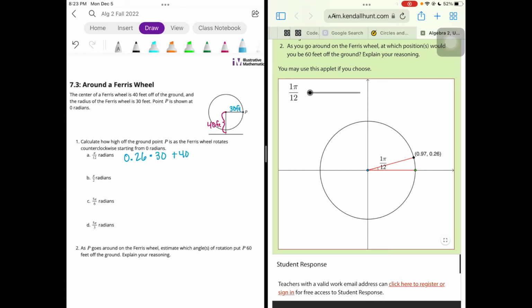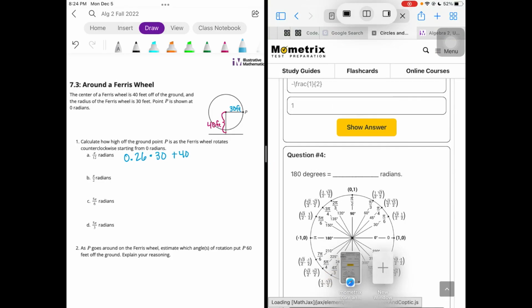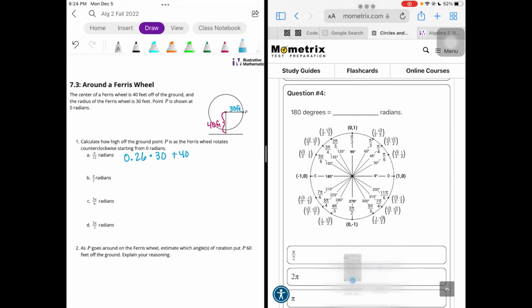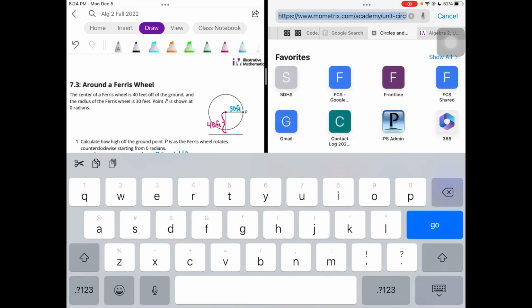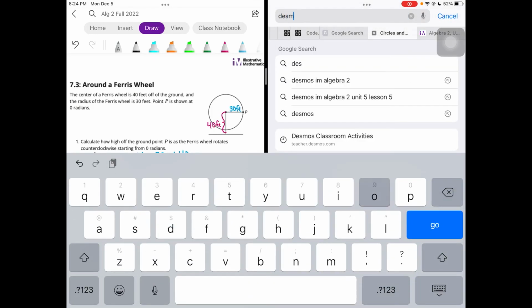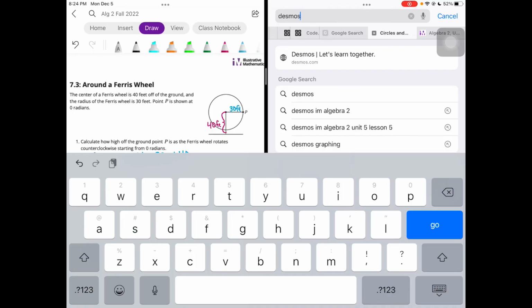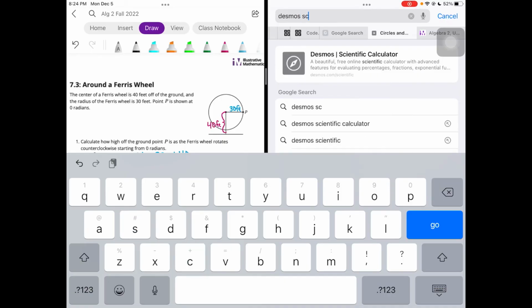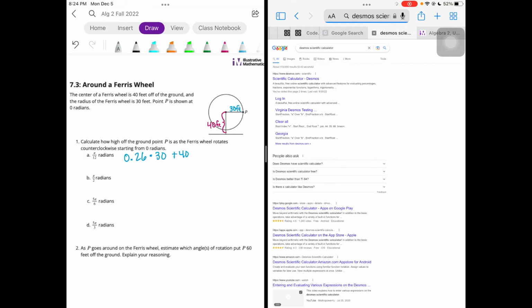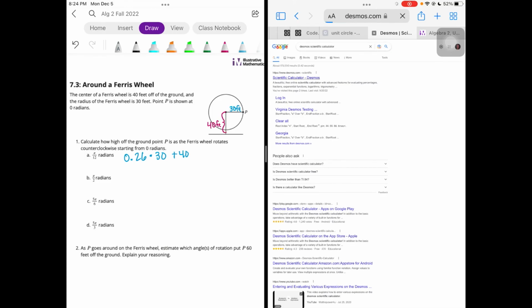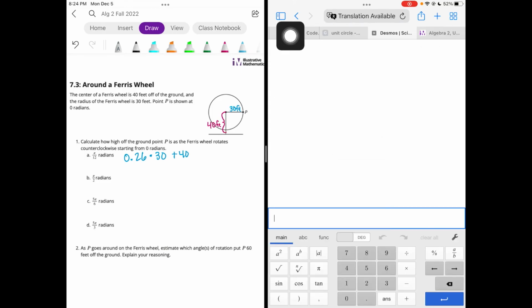And so when we multiply that 30 times 0.26, you know what? Instead of going to multiple apps, we'll just do this.